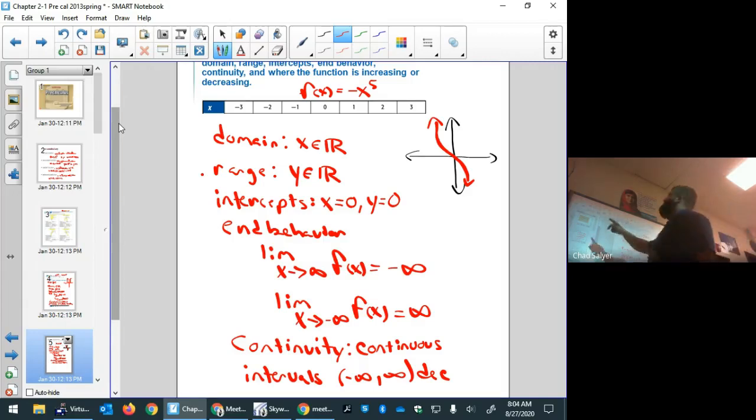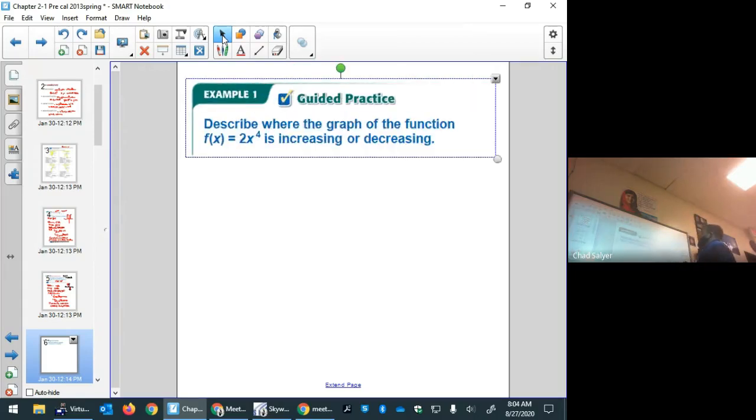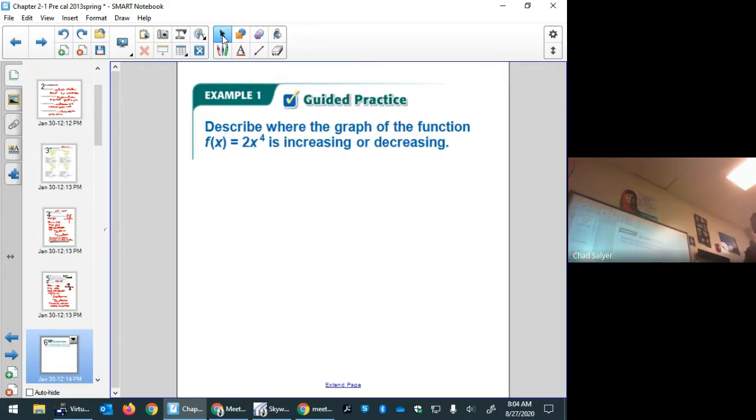All right, here's one for you guys. So, sketch this graph, tell me where it's increasing or decreasing.